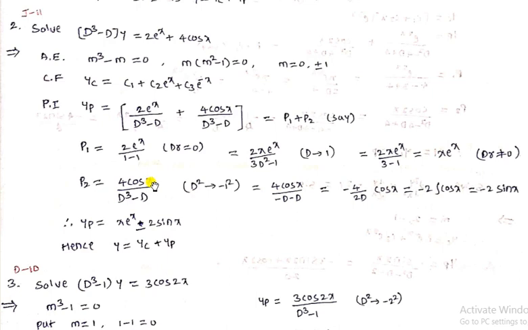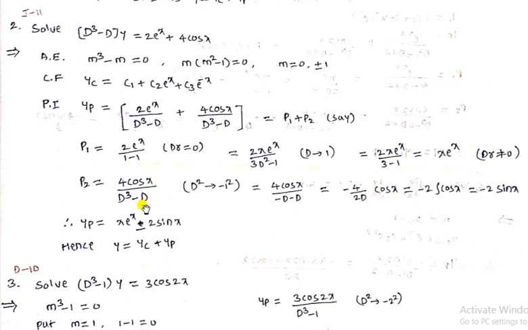Now P2, cos x by (D cube minus D). So cos x is a trigonometric function. Here we will replace D square by the coefficient of x. The coefficient of x is minus 1.